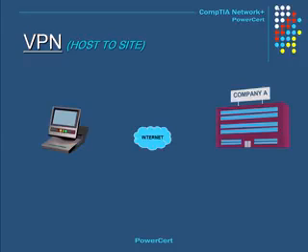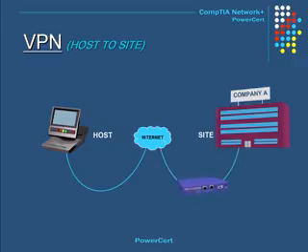Another type of VPN connection is called host-to-site. So, for example, if you're at home with your computer and you needed to connect to your office at a different location so you can access files, then you would need to set up a host-to-site VPN connection. Now, generally, this type of connection doesn't require any additional hardware on your end at home.